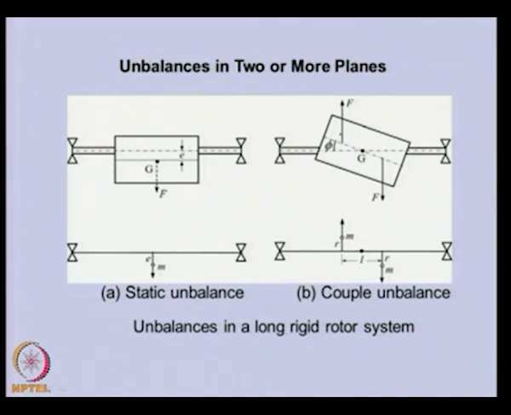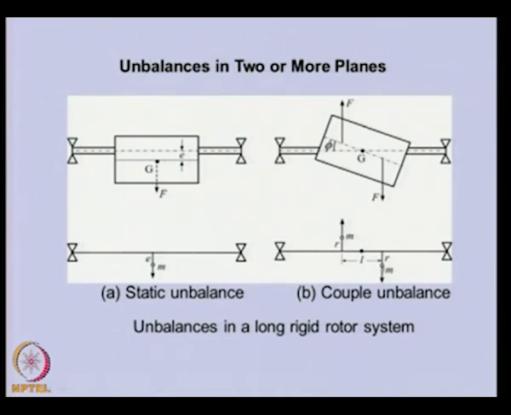But for the same long rotor, if the center of gravity is at the bearing axis but the rotor has some tilting, then when the rotor is rotating, there will be forces which form a couple, giving two forces in two different planes.